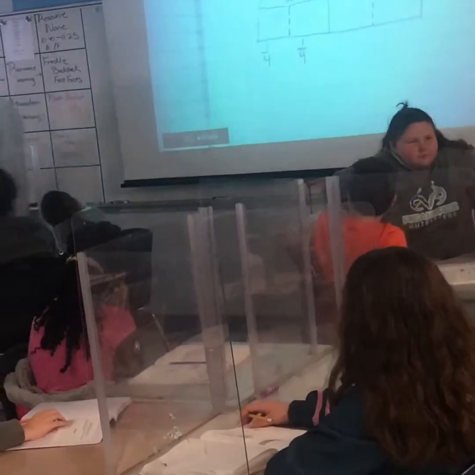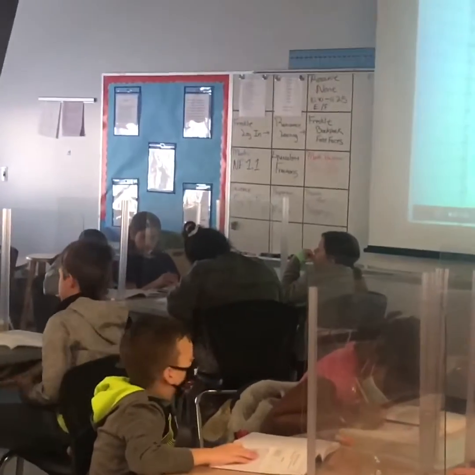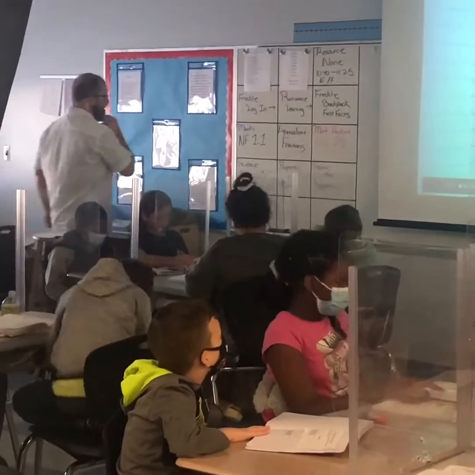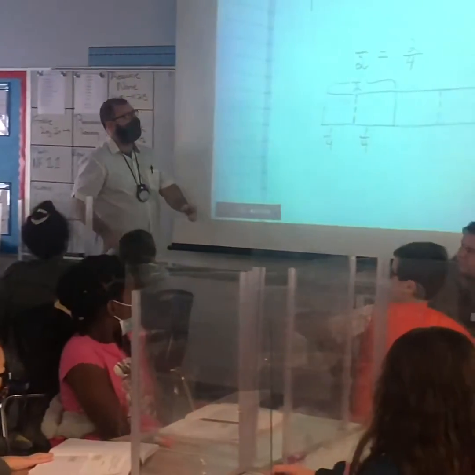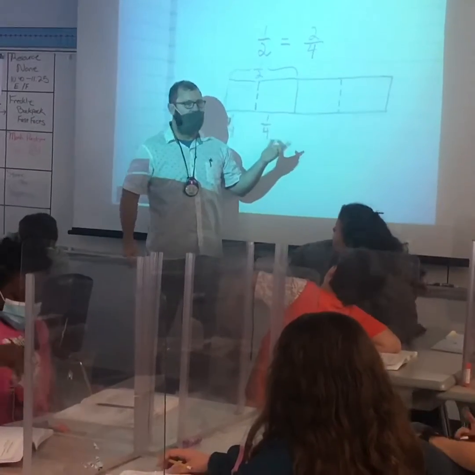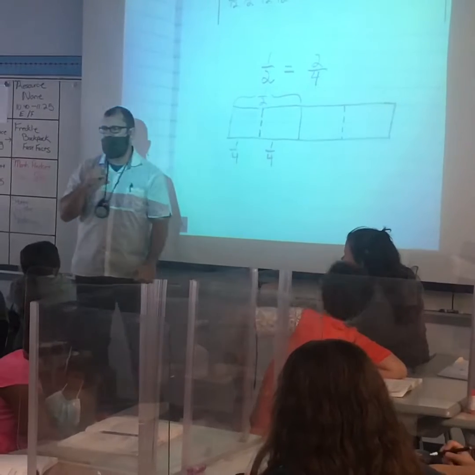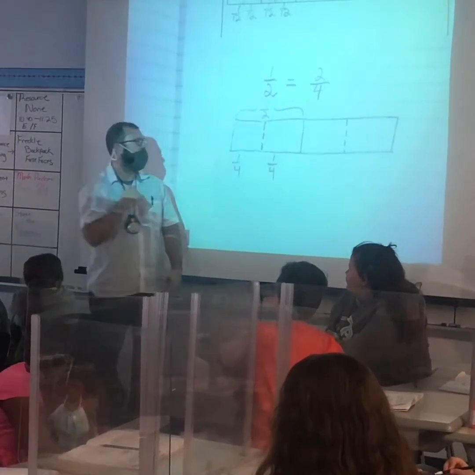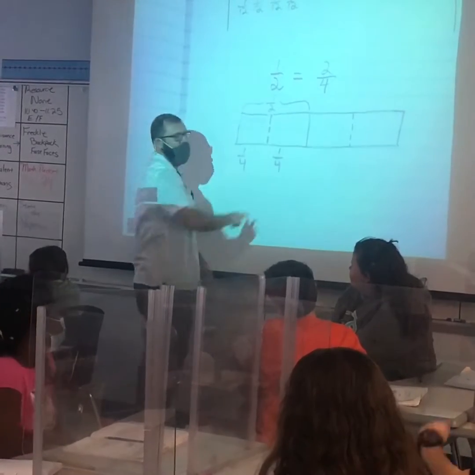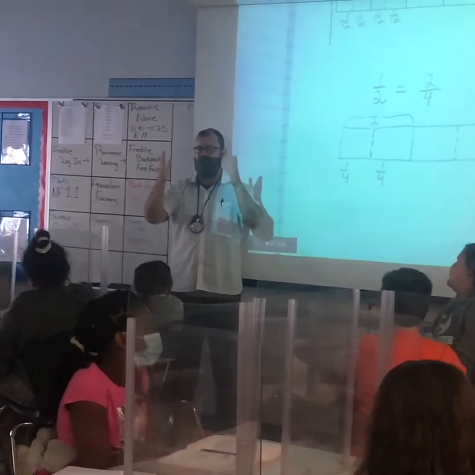All right, let's. We are proving, according to our standard, that we can use a model to show why fractions are equivalent, okay? The whole piece, did it ever change? No. No, it Didn't change. The shaded, when we proved that these two fractions are the same, did the shaded part change? No. So they are still the same.